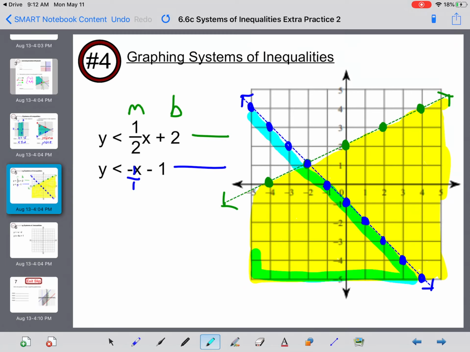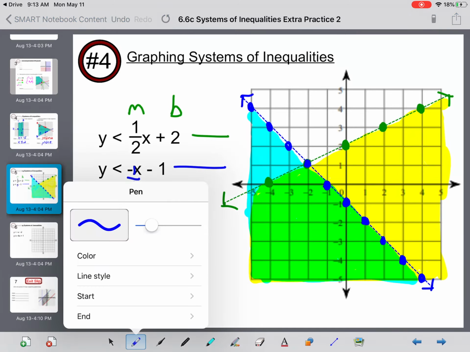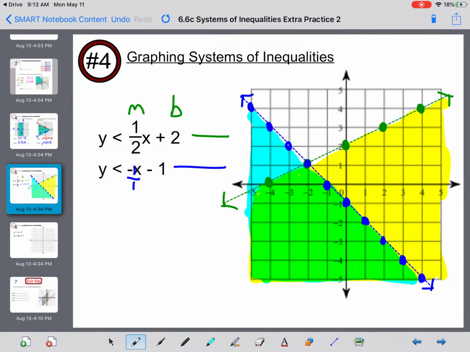And the shading is going to be below, so below your blue line. And your solution set is right in here.